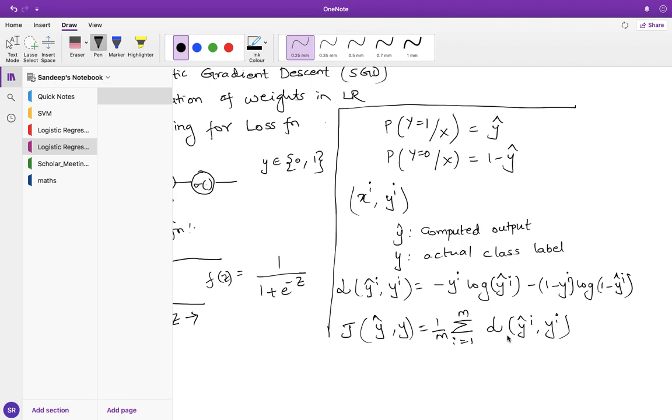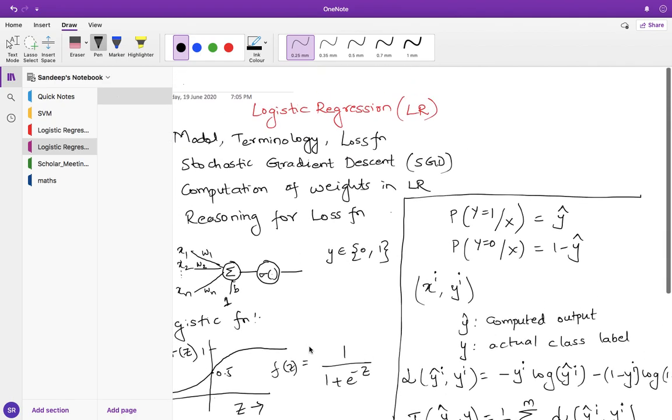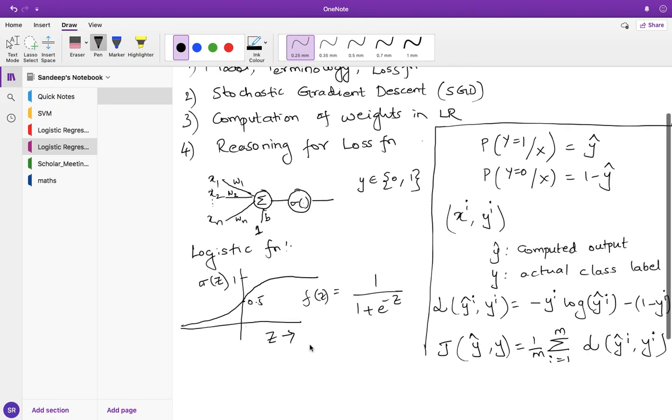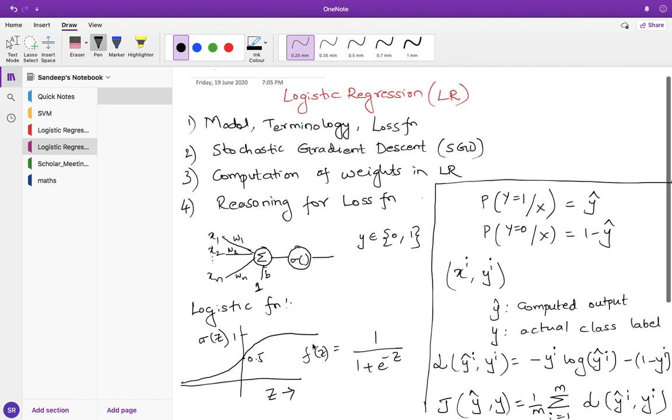You take the average of the loss function values computed for each and every data point. This part discusses all the terminologies and notations which we use in logistic regression.